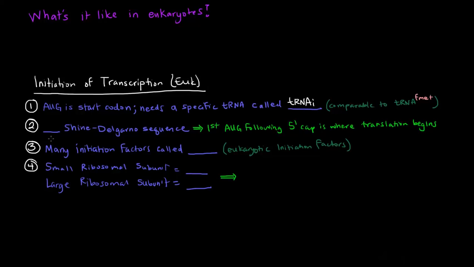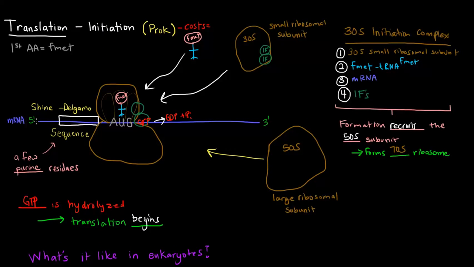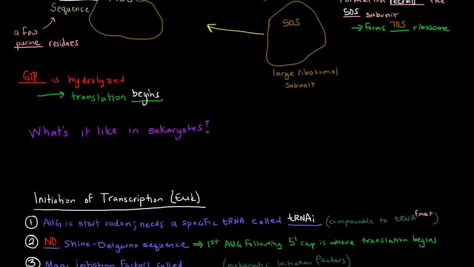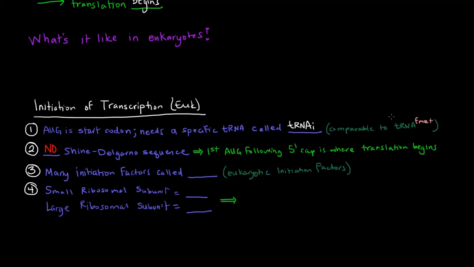The second thing is that there is no Shine-Dalgarno sequence. The first AUG following the 5' cap is where translation begins. So it's not the first AUG after a particular sequence, it's just the first AUG that would come after the 5' end of an mRNA strand in a eukaryote is where translation would begin.